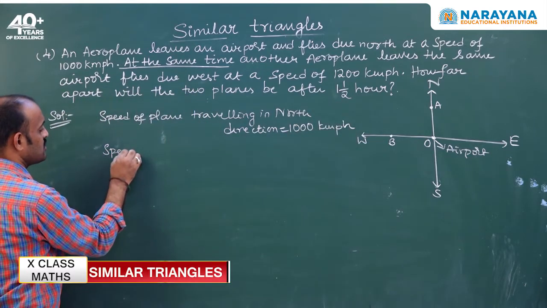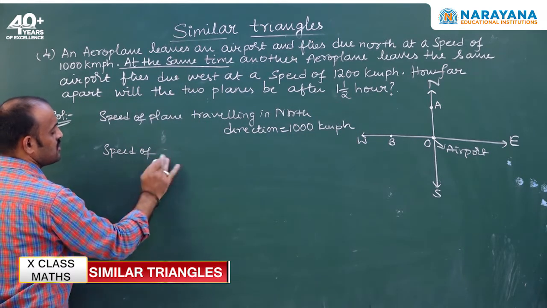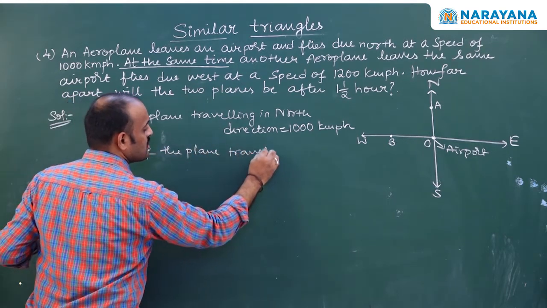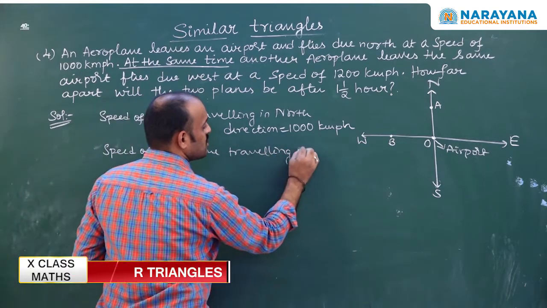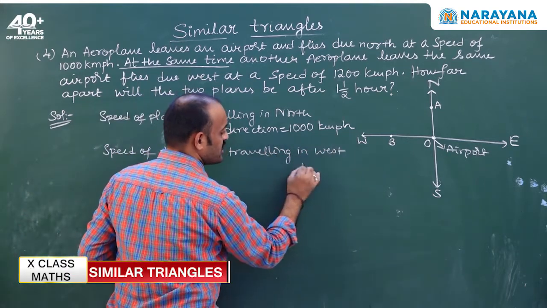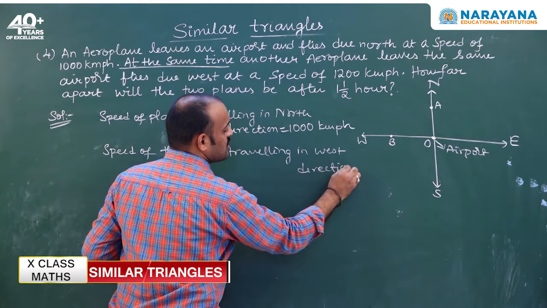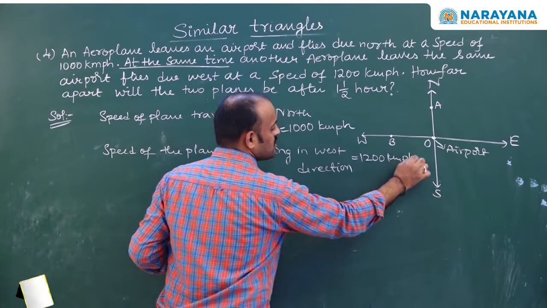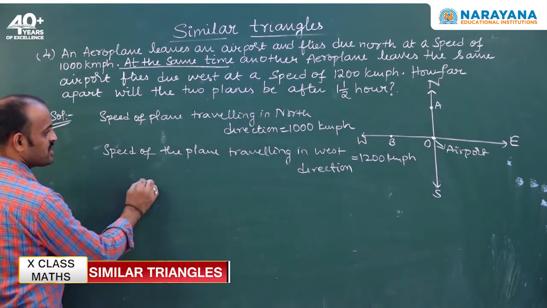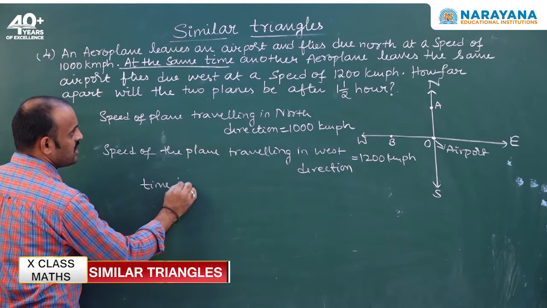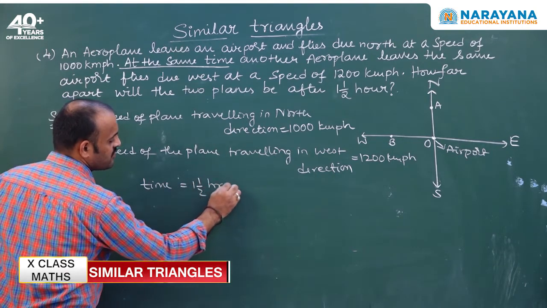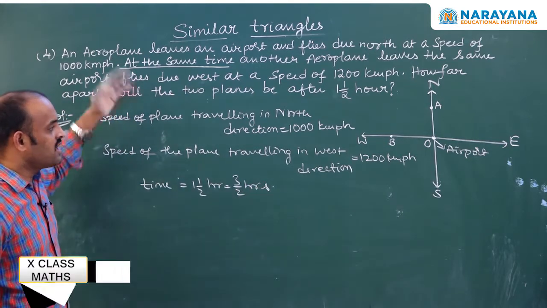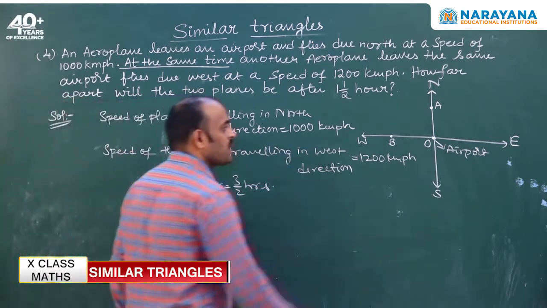Speed of the plane travelling in the west direction is 1200 km per hour. Time he has given, time is 1.5 hours, which is 3/2 hours. Now, the question is, after 1.5 hours, what is the distance between them?